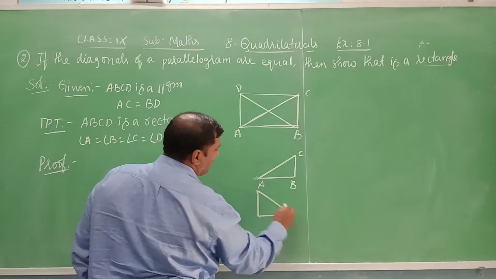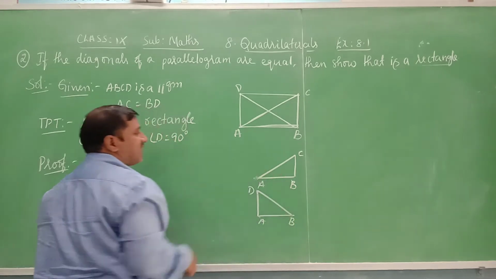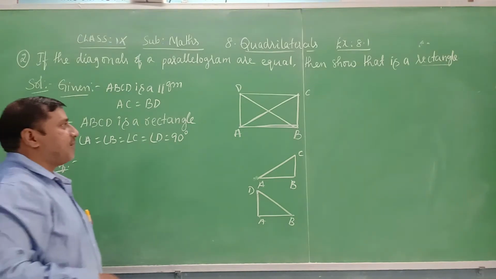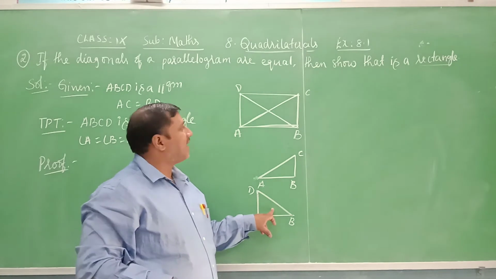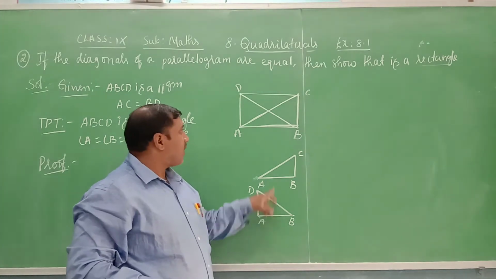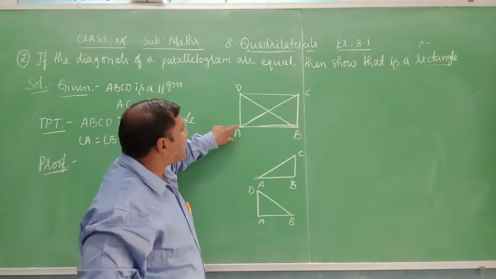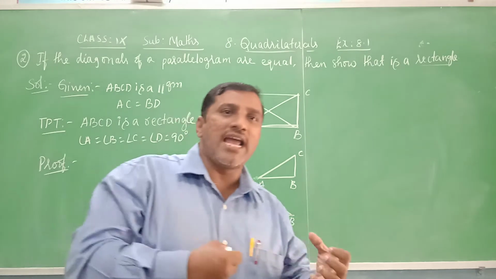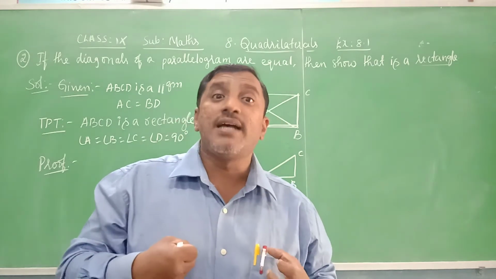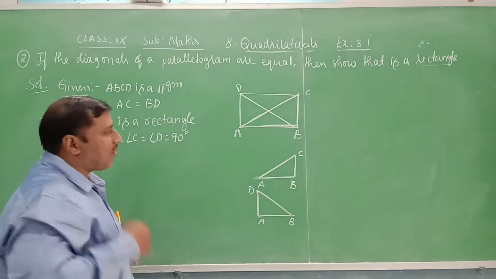Now consider these two triangles. If you prove these two triangles are congruent triangles, we can say angle A is equal to angle B. And we know angle A and angle B are supplementary angles, so each angle will be equal to 90 degrees.